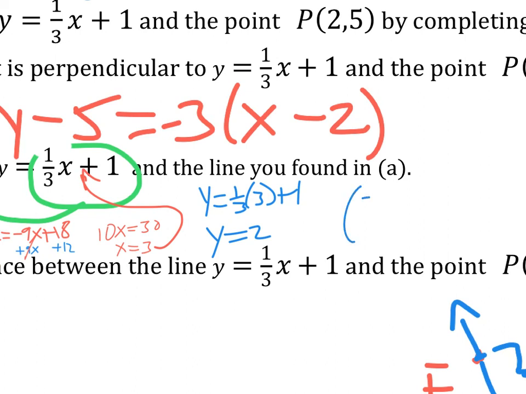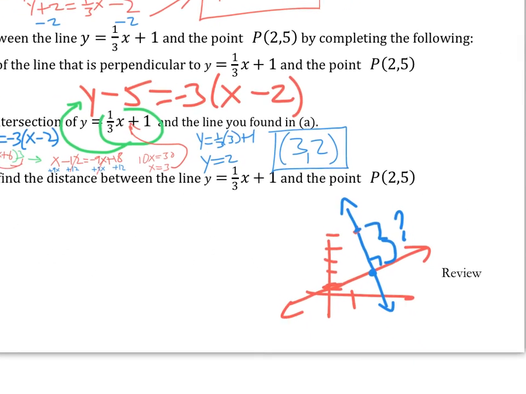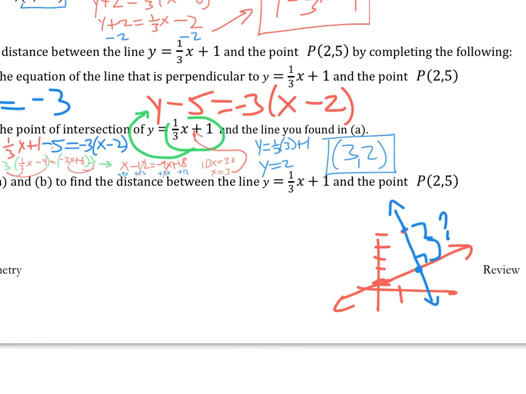We found the x-coordinate of 3 and the y-coordinate of 2. That is where they cross. That doesn't have to be a whole number point, but it sure was nice that it is. So we have these two intersecting at 3, 2. And the point we started with was 2, 5.